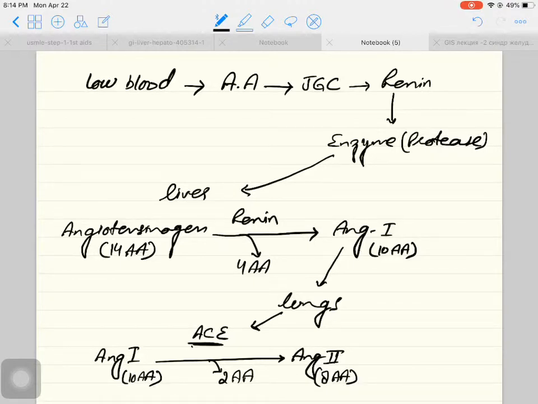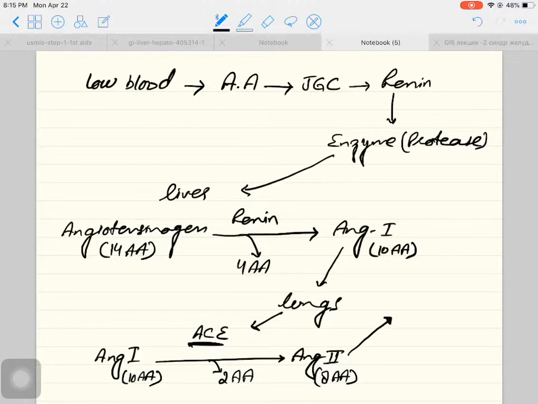So we have certain drugs which inhibit the angiotensin converting enzyme. These ACE inhibitor drugs inhibit the angiotensin converting enzyme, so angiotensin 1 cannot convert into angiotensin 2, so it will not lead to an increase in blood pressure.